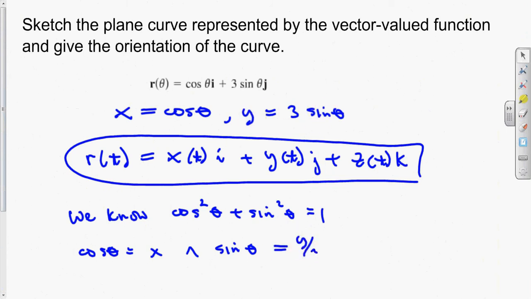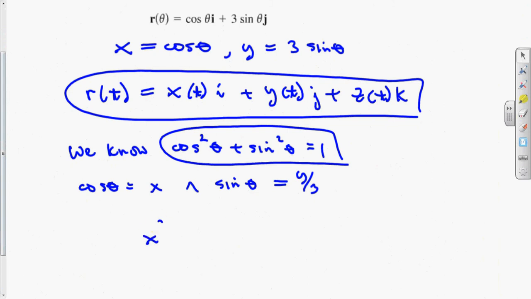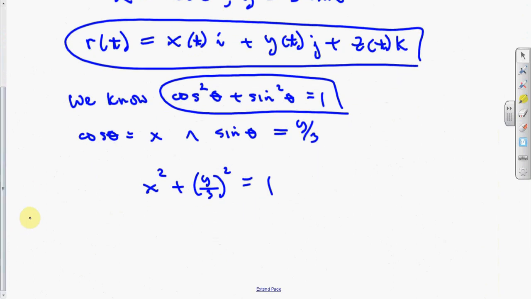Yes, sir, y over 3. So if I put this information into this equation, then I end up with x squared plus (y over 3) squared is equal to 1, or x squared plus y squared over 9 is equal to 1.